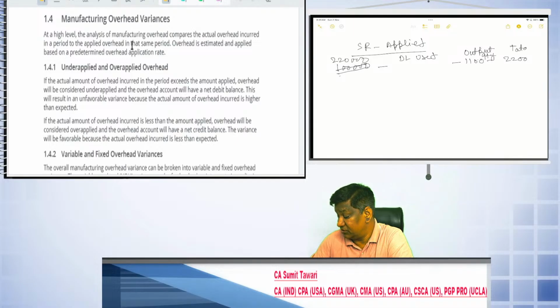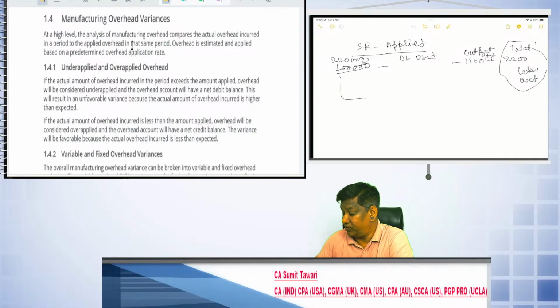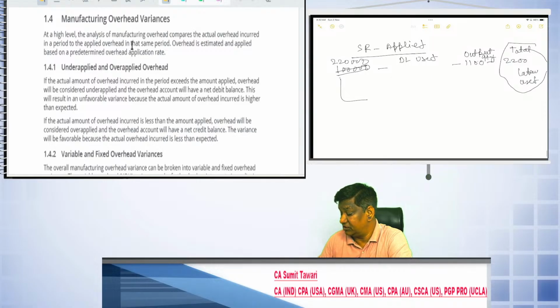And whatever my overhead may be, I'm going to apply it on this labor hour, or per quantity, whatever it may be. I'll consider the labor hour here. So it is basically 2,20,000. I need to spread it over 2,200. So per labor hour, my cost is how much?